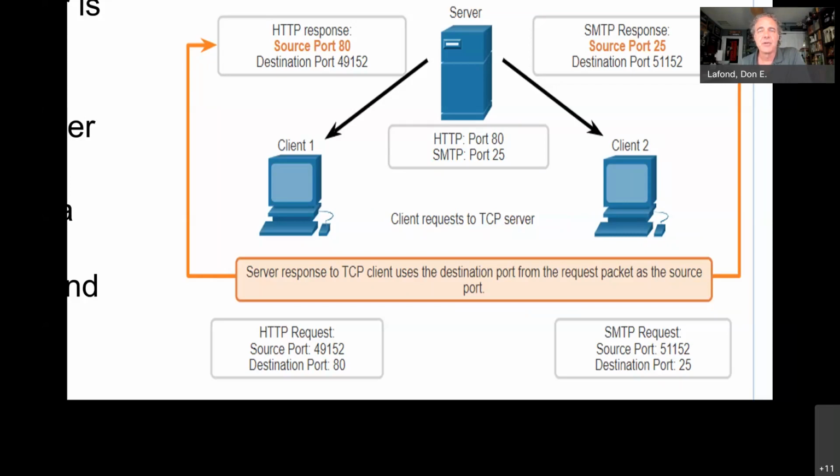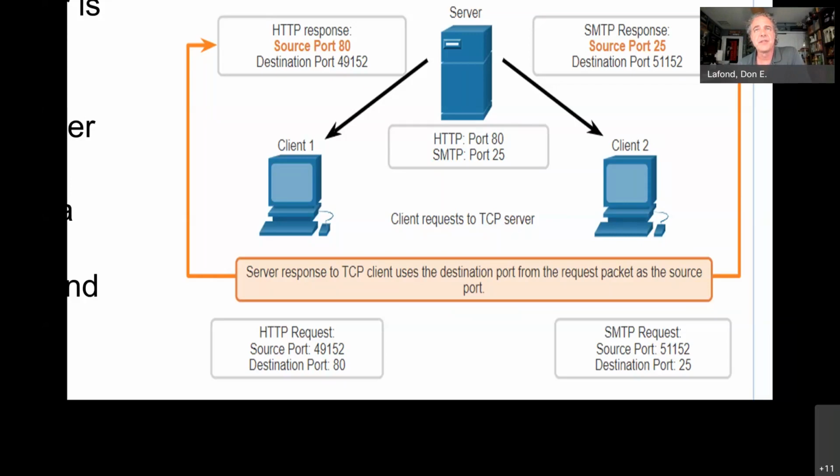Now the server receives the HTTP request and the SMTP request. It flips that data and then returns the payload along with the destination. Now the destination at this point, coming from the server to the client, goes there with the destination port 80.